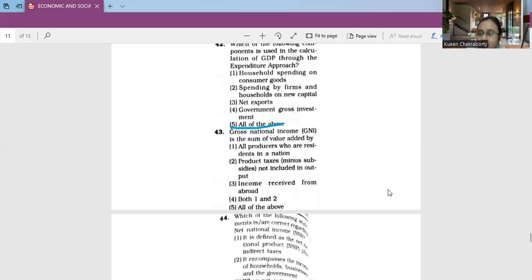So GNI measures income received by the country both domestically and also from overseas. Accordingly, the correct answer for question number 43 is all of the above, that is option number 5.